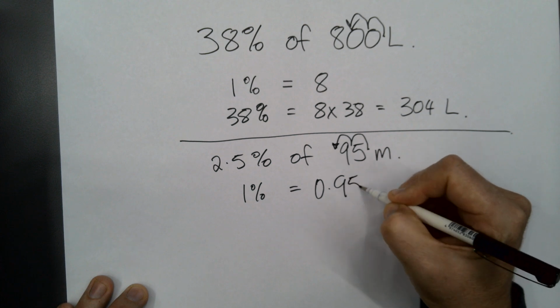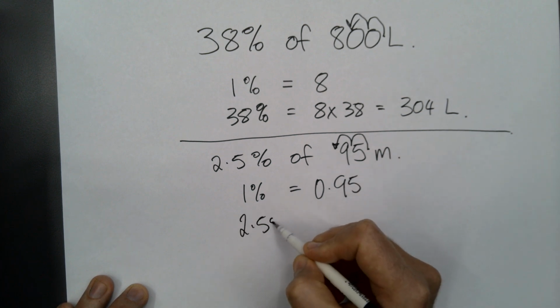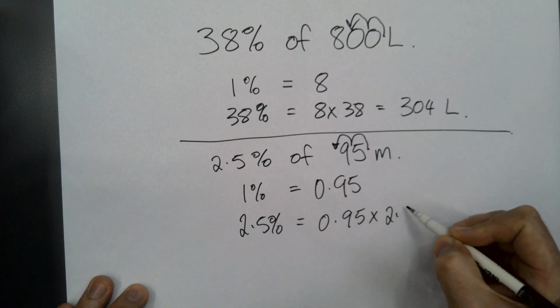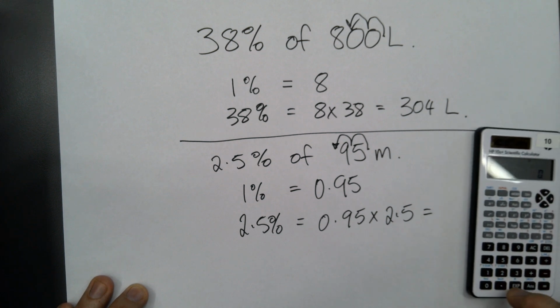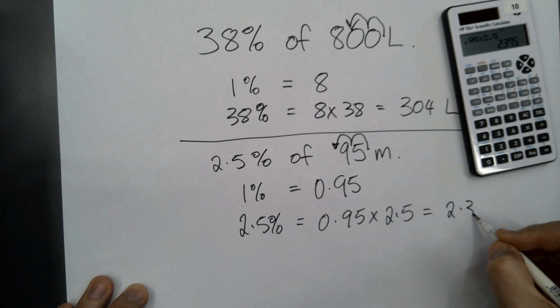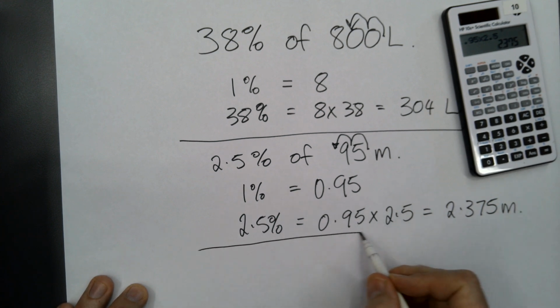So it's 0.95. 2.5% is just 2.5 of them. 0.95 times 2.5. I'll just get the magic buttons. So 0.95 times 2.5 is 2.375 metres.